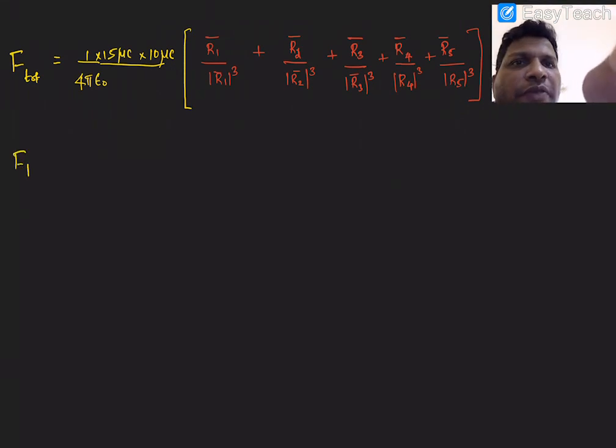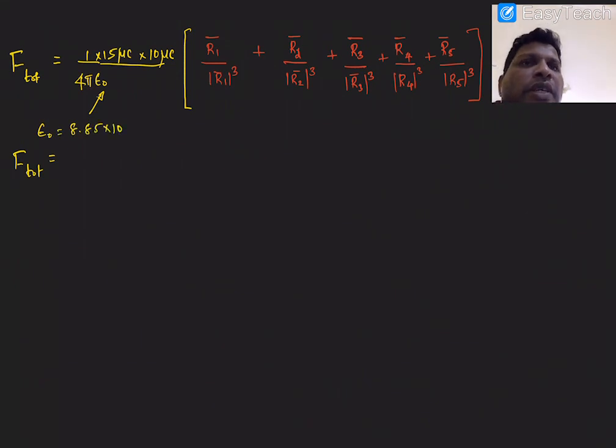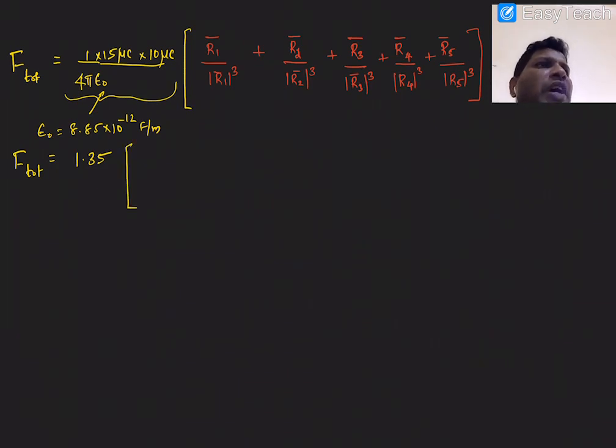So now we will see what F total will be. You will get this term, epsilon 0, and you know that epsilon 0 is equal to 8.85 into 10 power minus 12 farads per meter. If you do this calculation, you will get this as 1.35, into what will be R1.